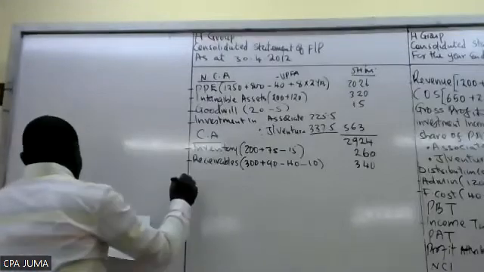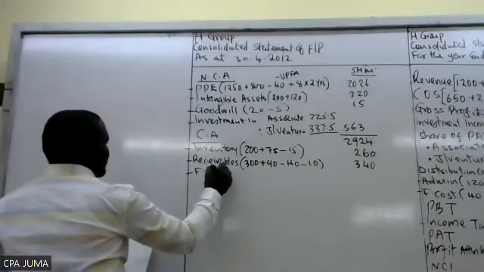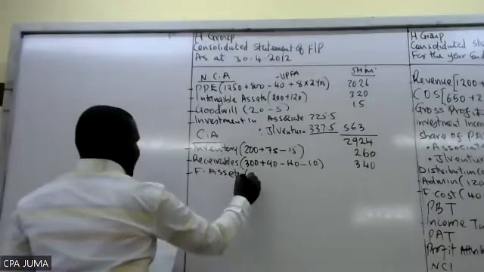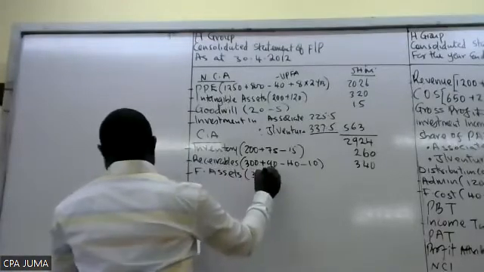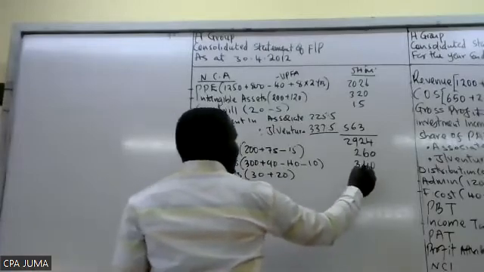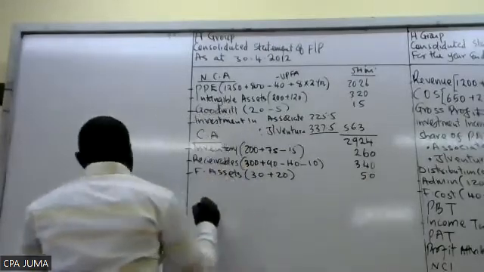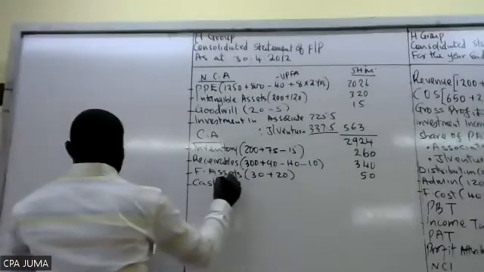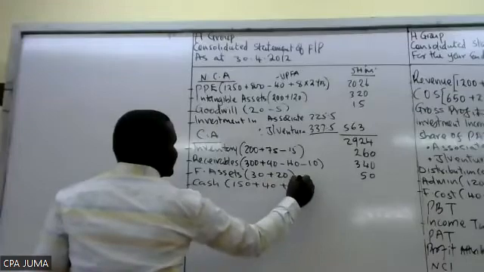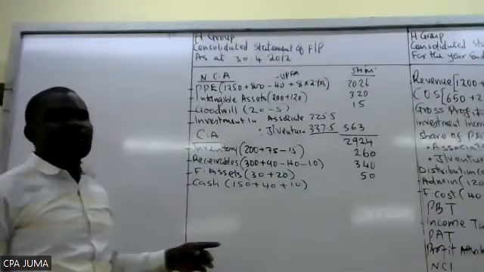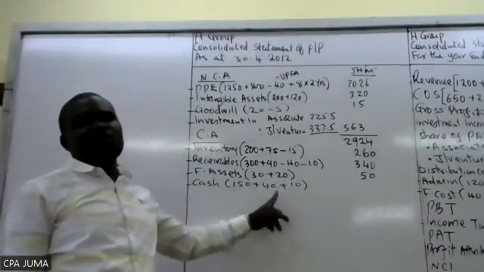Then financial assets. You just add 30 plus 20, 50. Cash, 150 plus 40 plus cash in transit. 10 is the cash in transit, you add it to the cash book.